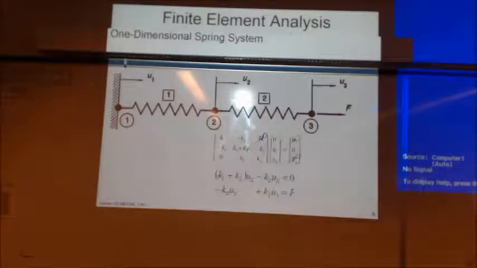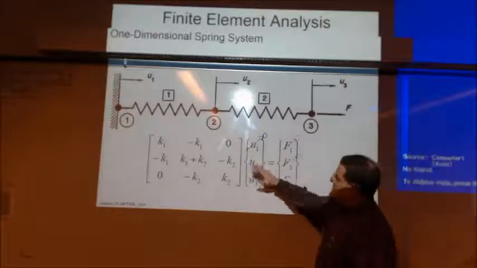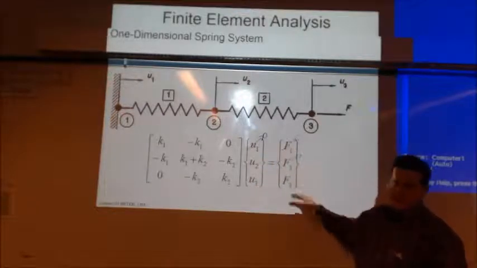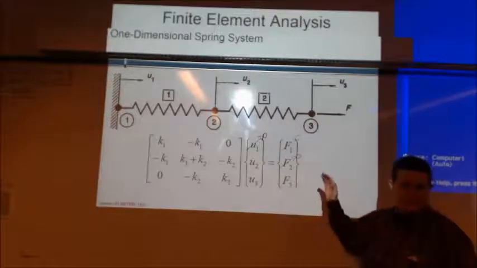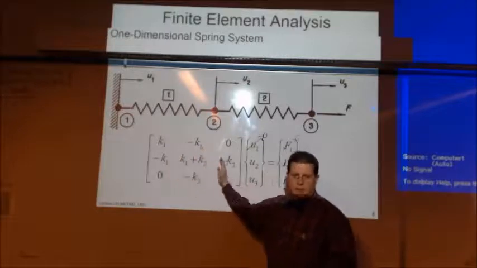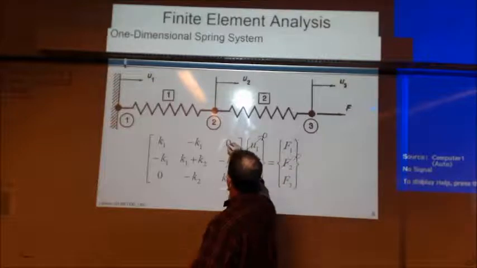So let's see. What's going to happen to this equation now that I've put these zeros in? It's going to simplify. What's going to go away over here? The whole top row is going to go away, right?